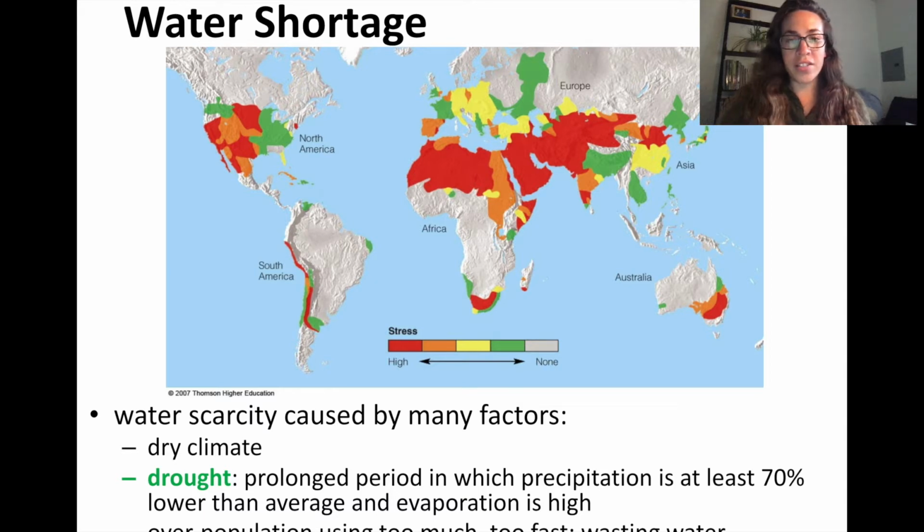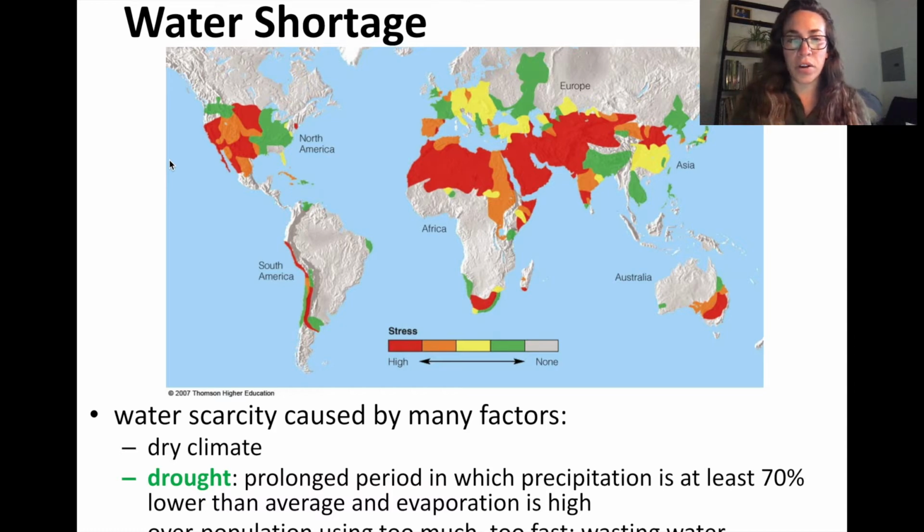Water scarcity around the world is high in many of the areas that are associated with the subtropical high. If you think back to when we studied the distribution of climates across Earth's latitude, it shouldn't be surprising when we look at this map and see a lot of the areas of water shortages are areas where we have deserts.